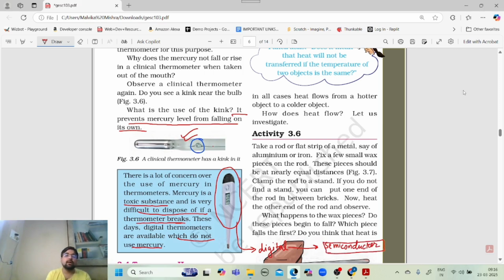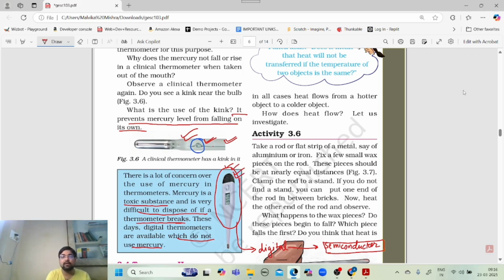You can ask me, now these kinds of thermometers are also used in a similar manner: you will put it inside your mouth, then you will read the temperature, taking it out from your mouth. Then the role which was being provided by the kink here, to keep the temperature stabilized once you take it out from your mouth, that role is being performed by which object inside the digital thermometer?